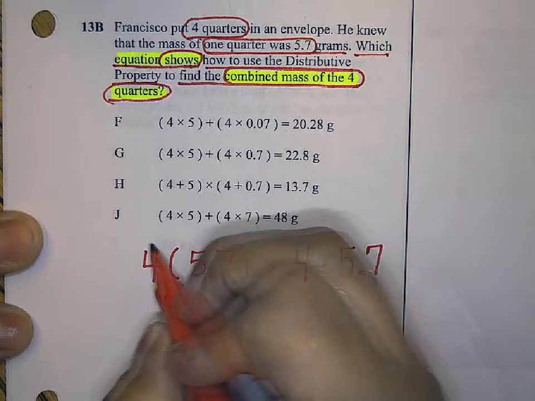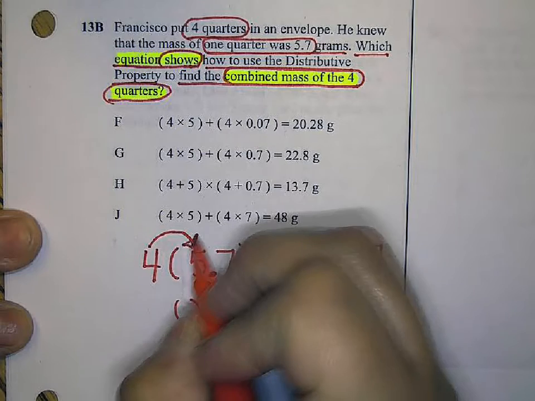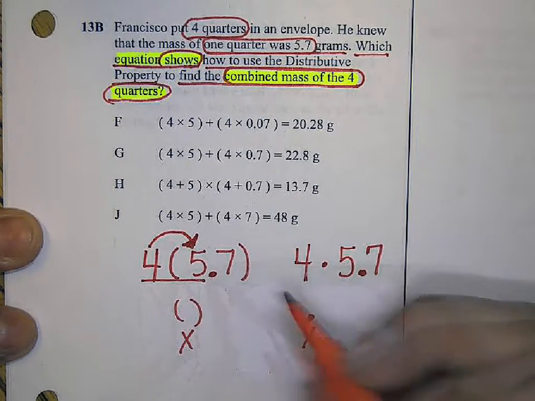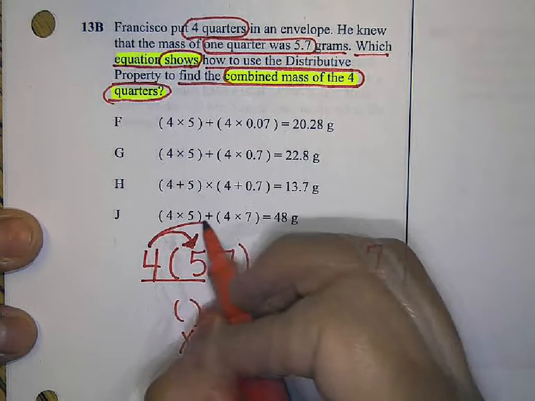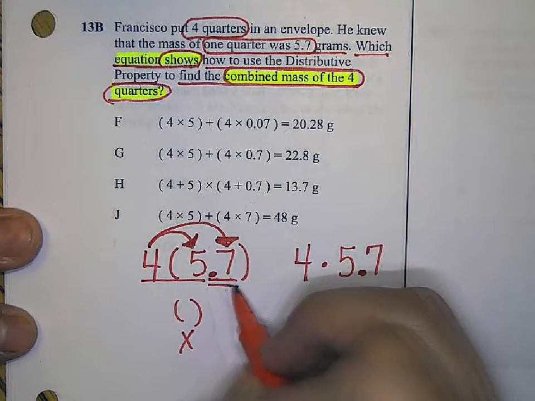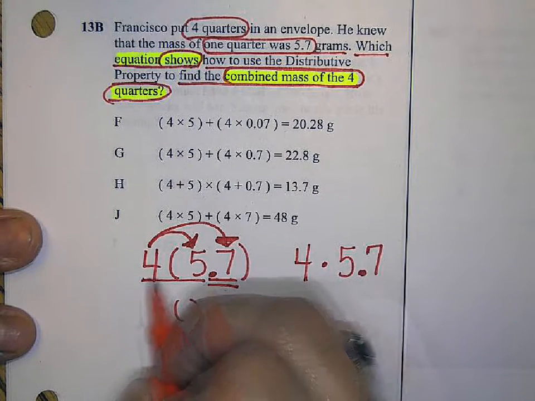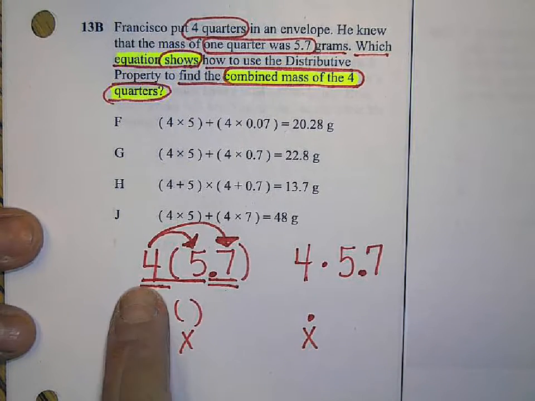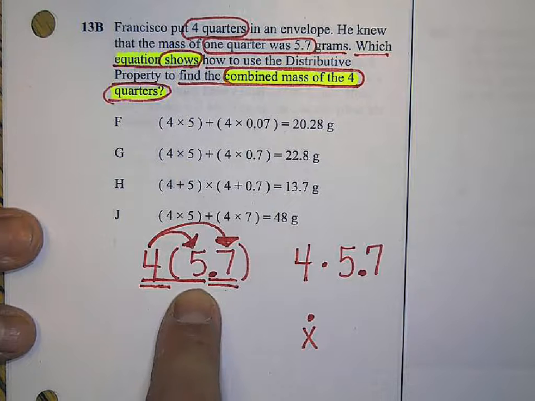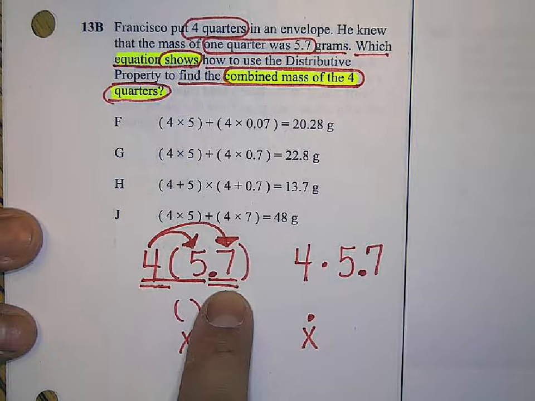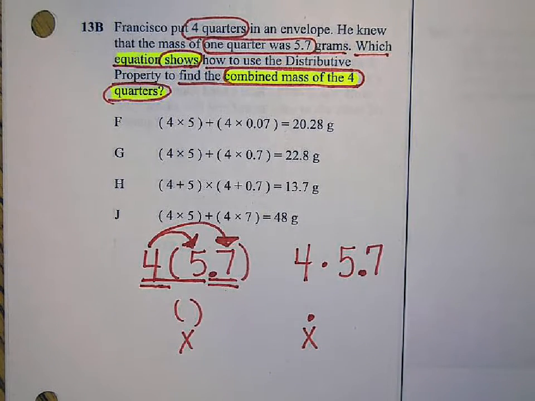Basically what this is saying is I'm multiplying my 4 times my 5, right? And then I'm multiplying my 4 times my 0.7. I underlined this one time, and then I underlined it twice, because 4 times 5, one time goes first, and then 4 times 0.7 is second.